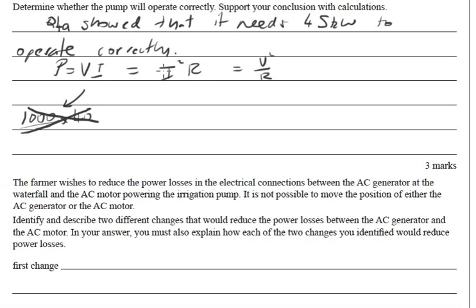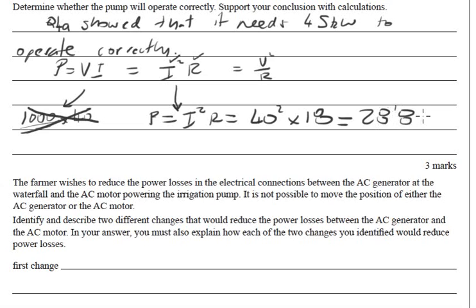We do know that 40 amps, because it's a series circuit, 40 amps flows through the wires and 40 amps flows through the pump as well. So we know I, and from the last question we know R as well. So we can use this formula: P equals I squared R, which is 40 squared times the 18 of the pump, because we're just looking at the pump. 40 squared times 18 is 28,800 watts.